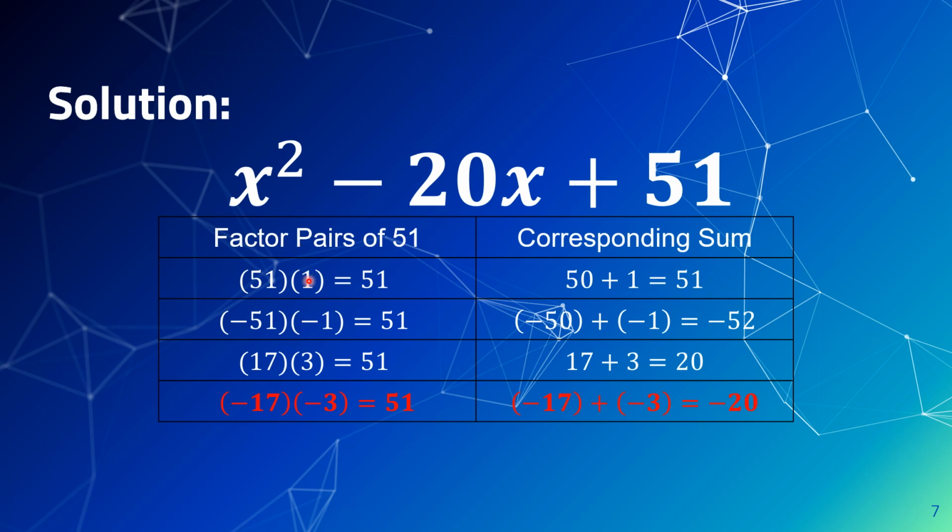That is 51 times 1, but if you add these two, it will give you 52. The second one, negative 51 times negative 1, will give you 51 also. However, if you add those, it will give you negative 52.